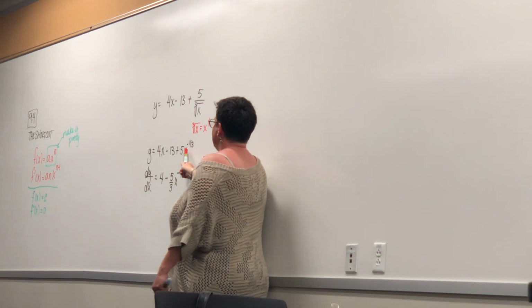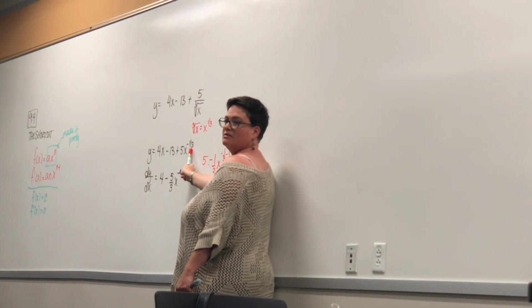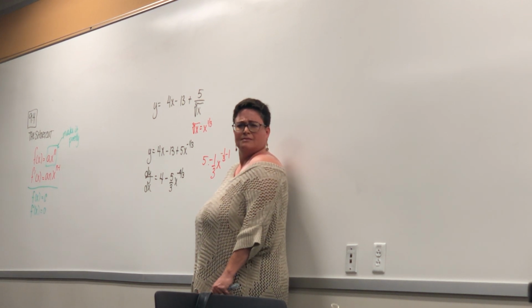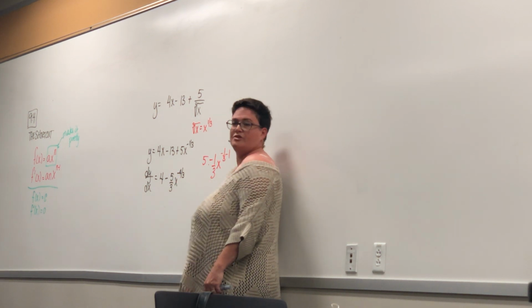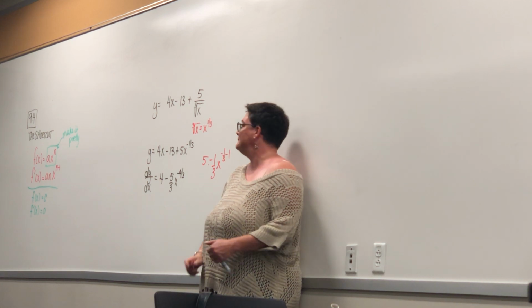And then I subtracted 1 from negative 1/3. So what's negative 1 minus 3? Negative 4. Good. There's your new numerator. Oh, okay, makes sense.